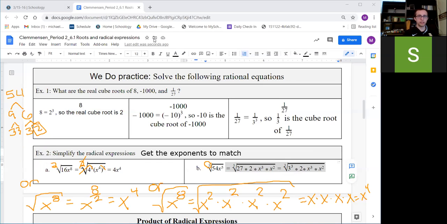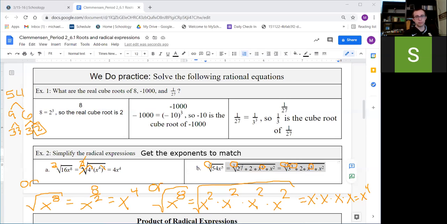The reason I do that again is just like I said before, I want to get the exponents to match. So now this 3 right here, and this 3 and this 3 right here, all match this exponent out here. That's always what I'm trying to do.